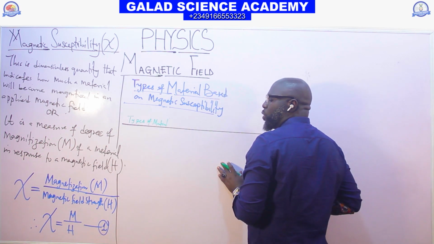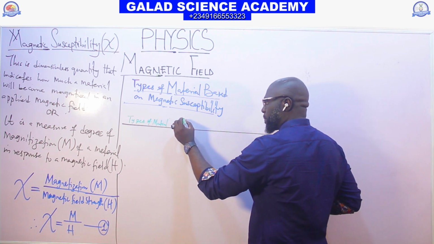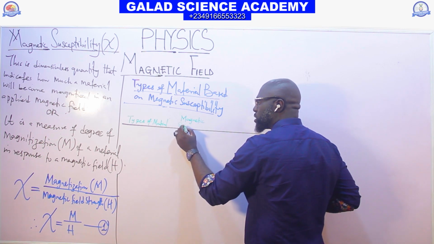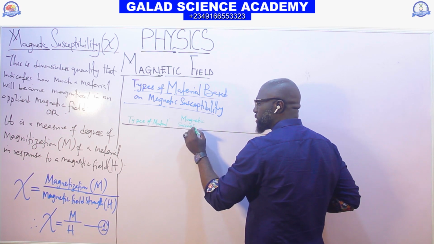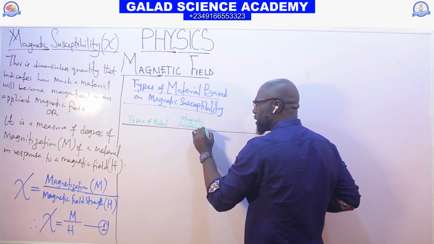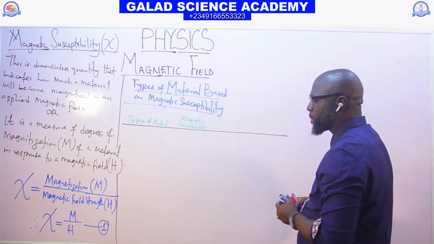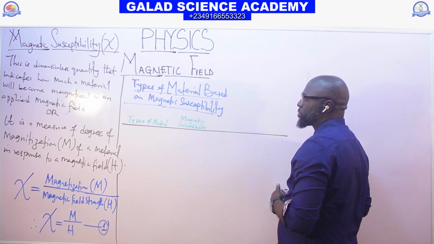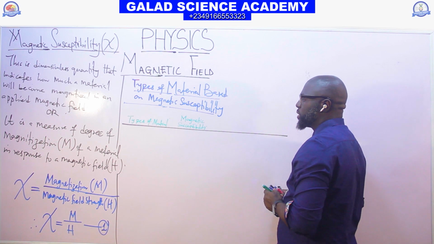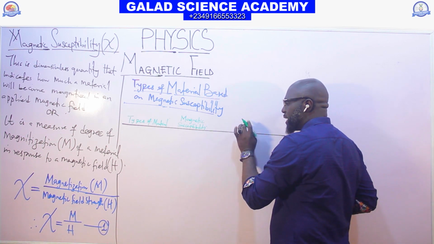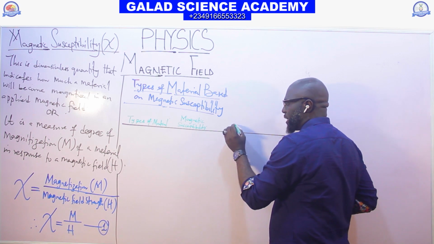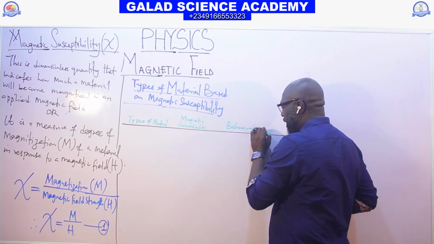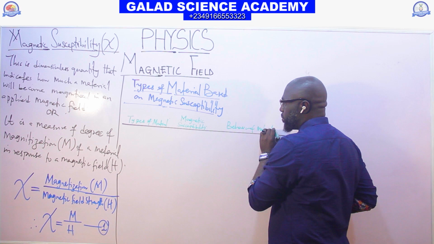The second one, we have magnetic susceptibility. The third one, we have behavior of the material to magnets.